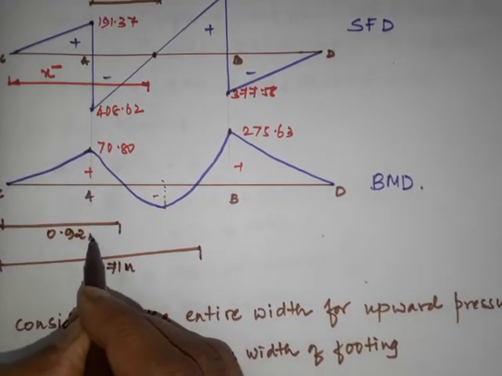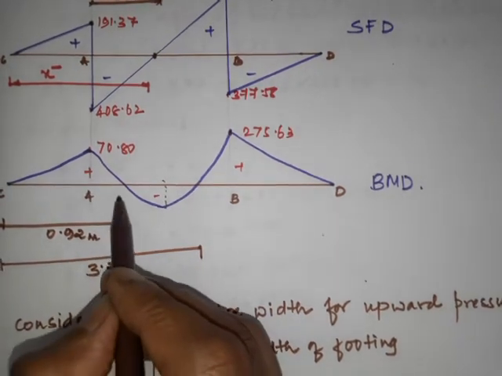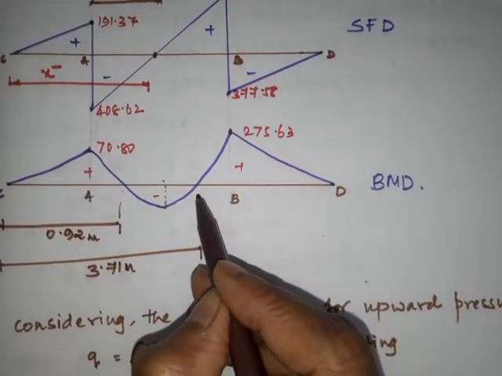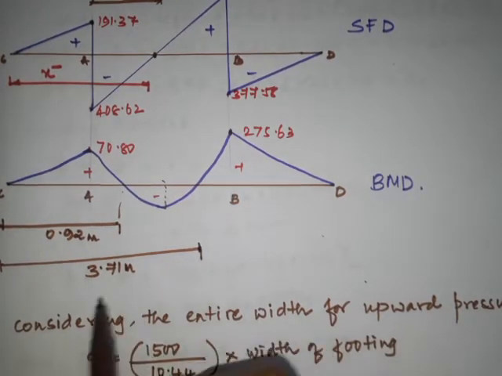I'll just represent these in the moment distribution. This is the first point of counterflexure and this is the second point of counterflexure. Understood?